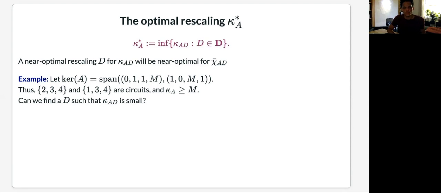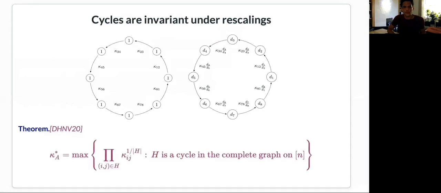And here we have to observe the following. If we look at a cycle on the graph that has as vertices the nodes, and we look at the complete graph, and an edge has as weight the kappa_ij of the end nodes of this edge, then a rescaling of the instance will leave the product over the kappa_ij's of the cycles unchanged.